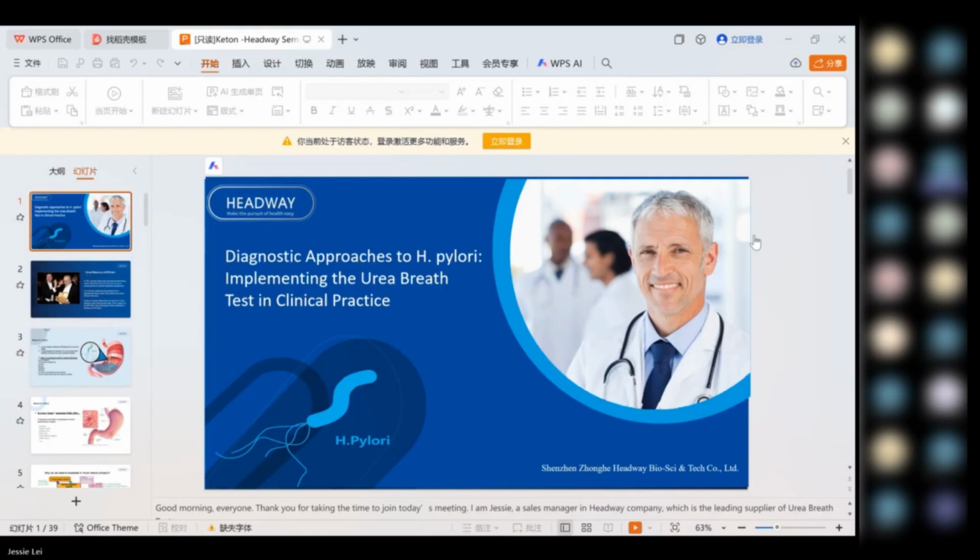Over the years, we've relied on the stool antigen tests for H. pylori, and at times we get a lot of false positives or false negatives here and there. But the false positivity rate is quite high when we're using the RDTs because we've not been able to standardize our RDT ecosystem.